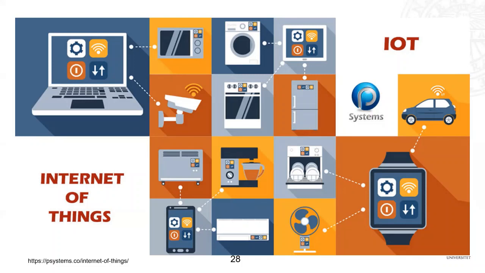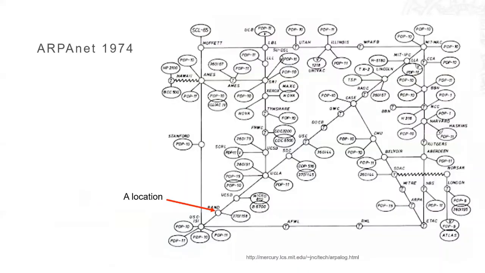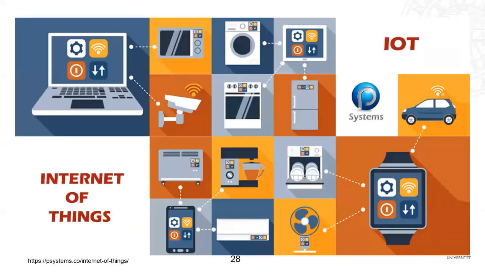Many household devices are nowadays connected to the internet, and they can be checked and controlled remotely, and this gives us a lot of possibilities. Compare it with this tiny network that could fit on a piece of paper. Nowadays, it is impossible to draw the whole internet on a piece of paper.